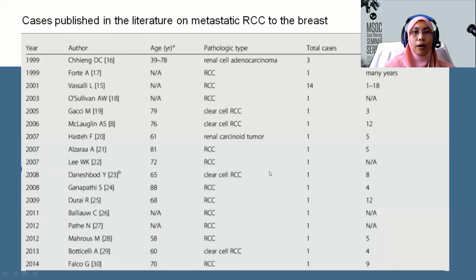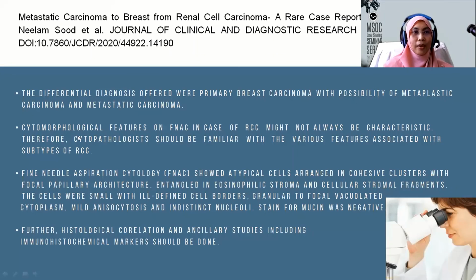So I retrieved some cases published in the literature regarding metastatic RCC to the breast. They are actually not really rare. Even after 2014, there are papers in 2018, 2019, and even 2020. There are also reported cases of metastatic RCC to the breast, which includes this one.